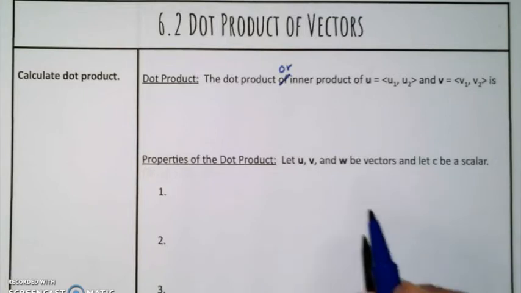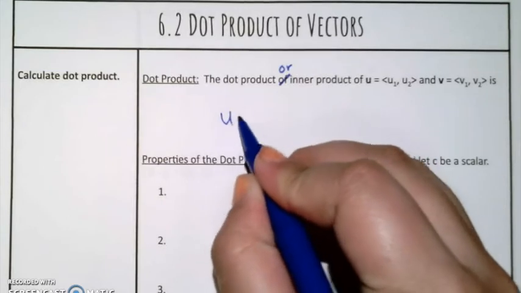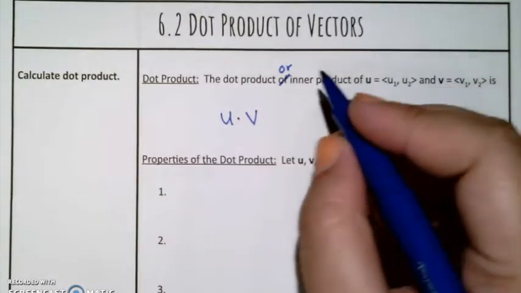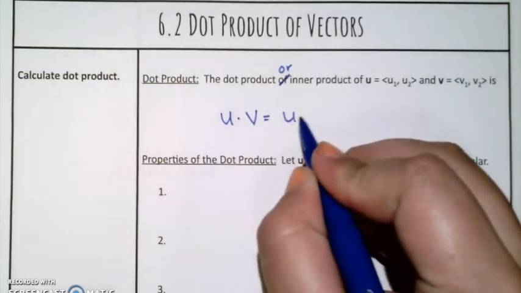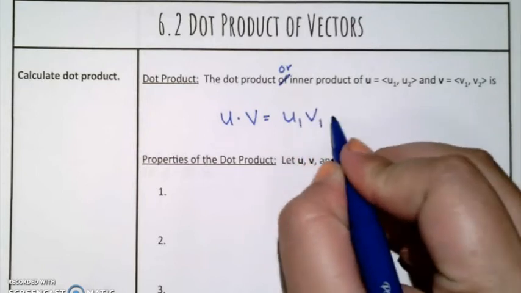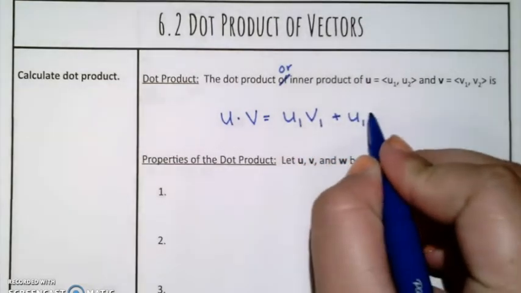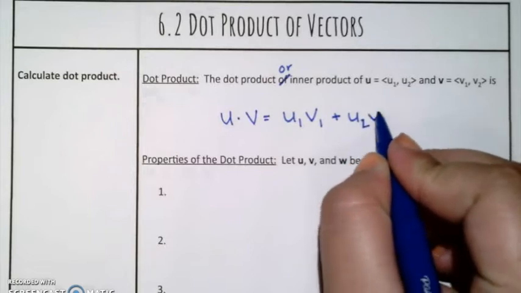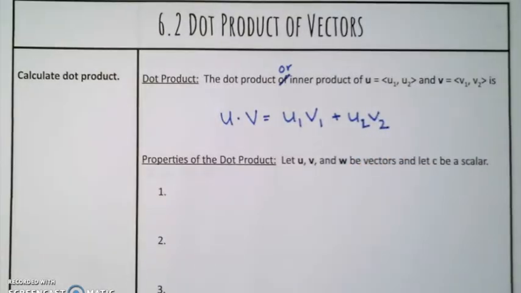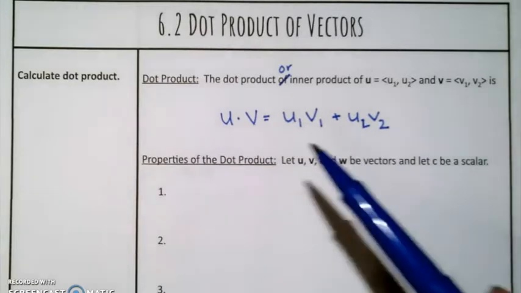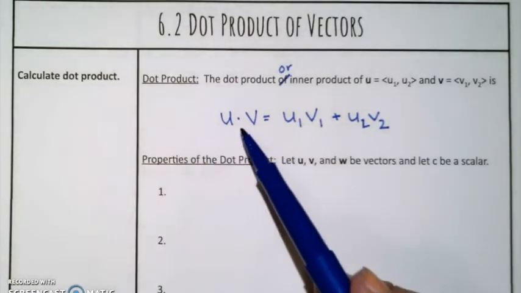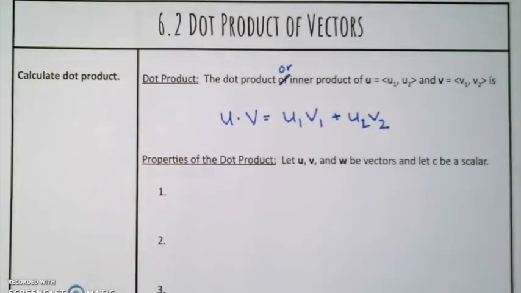And the dot product is u dot v, which equals u1 times v1 plus u2 times v2. All right, so notice the dot product has two vectors for its input, and its output will be a scalar or a number, a constant.